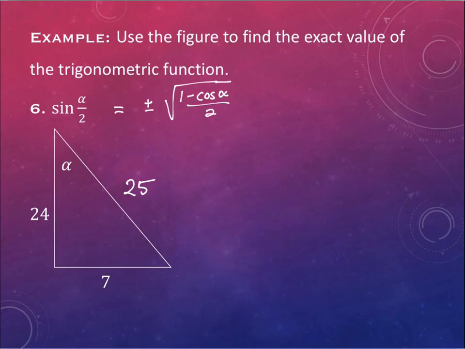So we're asked on this problem to find the sine of alpha over 2. So we're going to find this. Because this is being drawn with positive values for all of these, right? Do you see 24, 25, and 7 are all positive? We're already in quadrant 1, right?